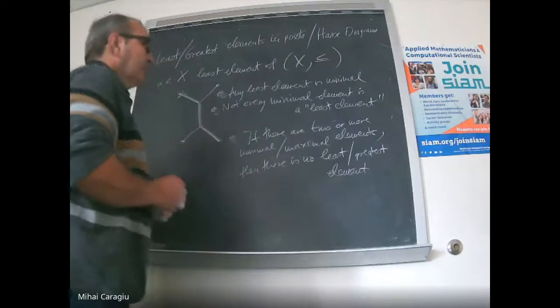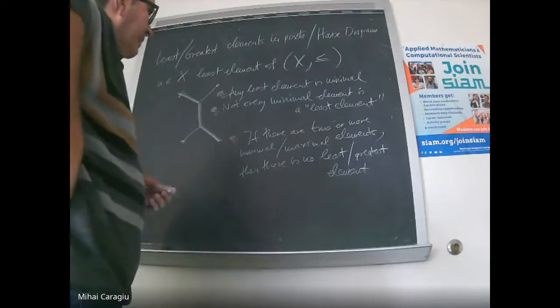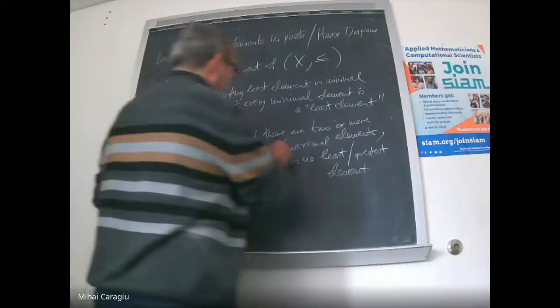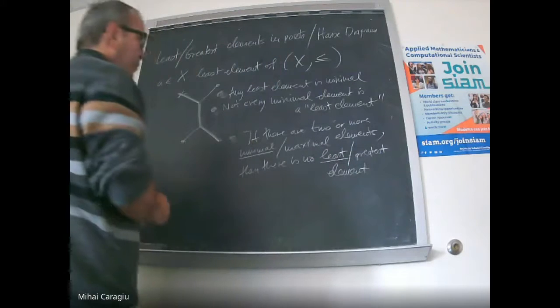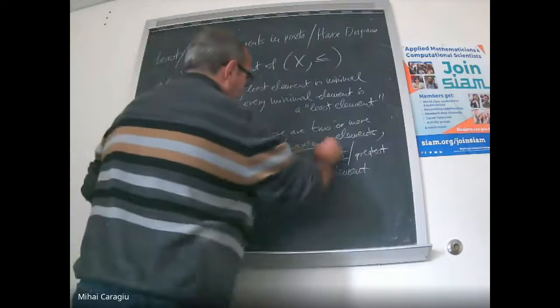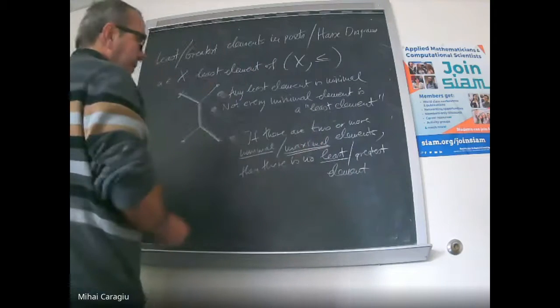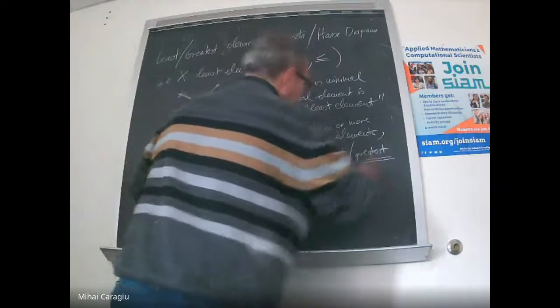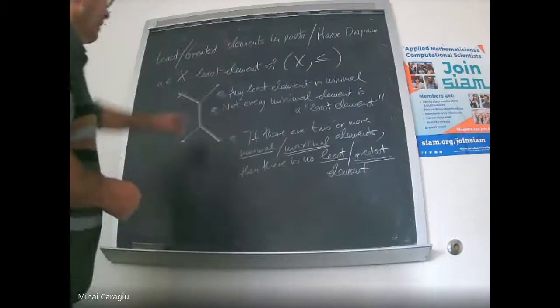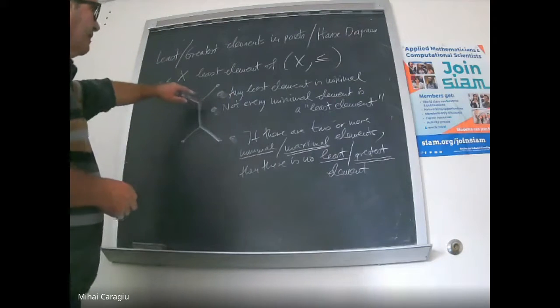So if there are two or more minimal elements, then there is no least element. If there are two or more maximal elements, then there is no greatest element. Let me rephrase this for maximal.